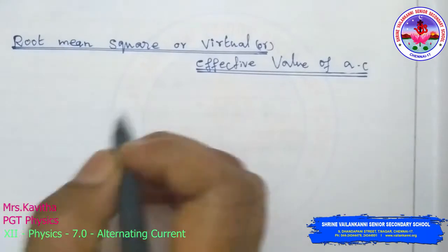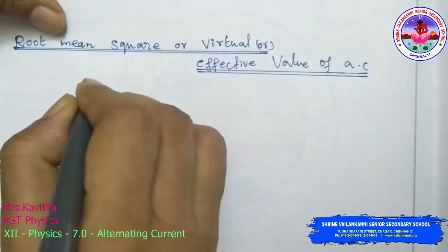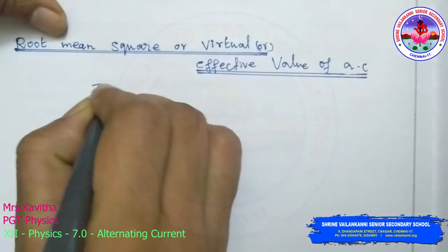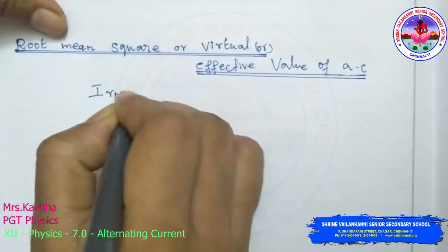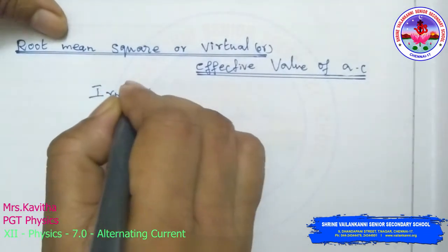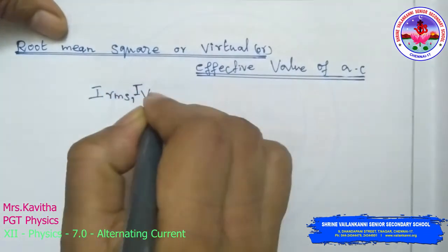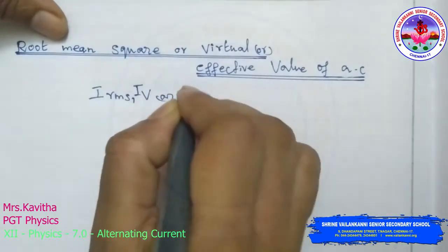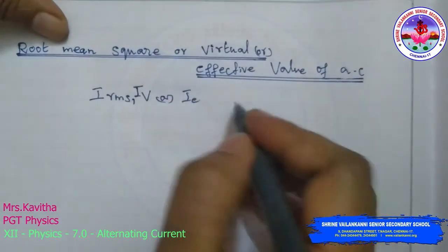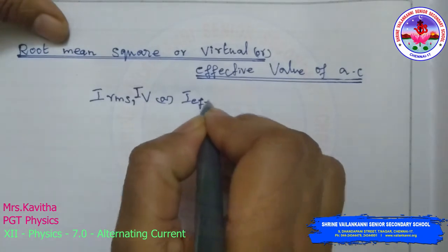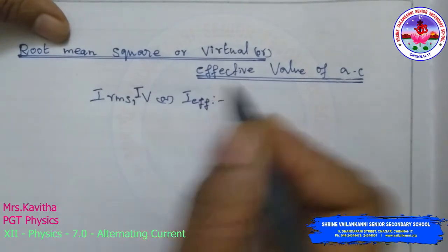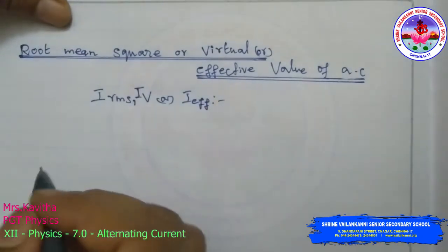It is denoted by IRMS, or we can say the effective value of AC. Whatever they ask, you have to write this derivation.